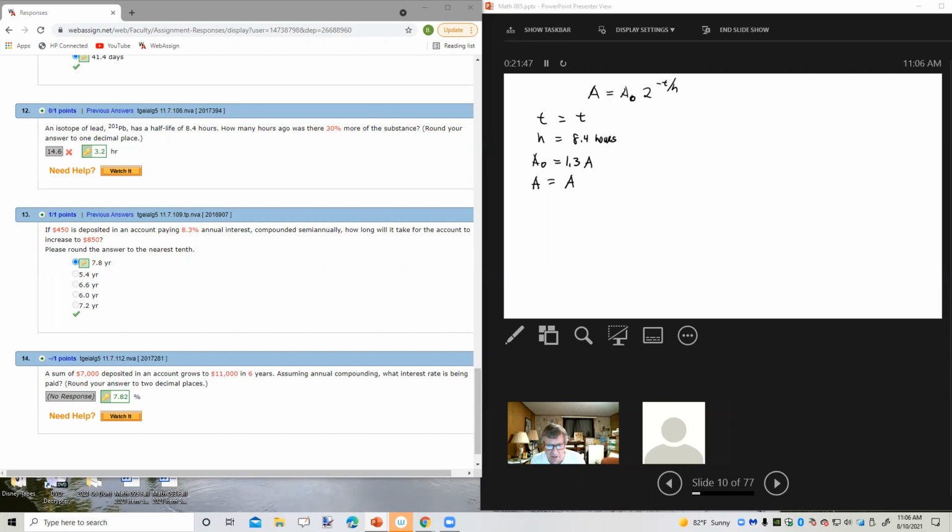Are you okay with where I got the 130%, which is 1.3? Yeah. All right. Kind of tricky, this one. So A equals 1.3A times 2 to the negative T over 8.4 power. We'll divide both sides by A. So on the left, we get 1 equals 1.3. Actually, what I want to do, I'm going to back up here.